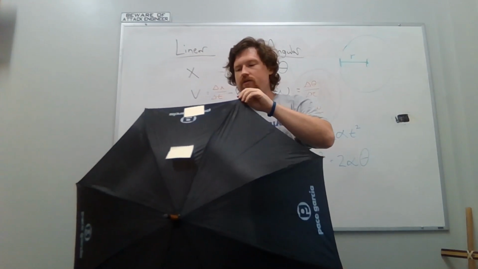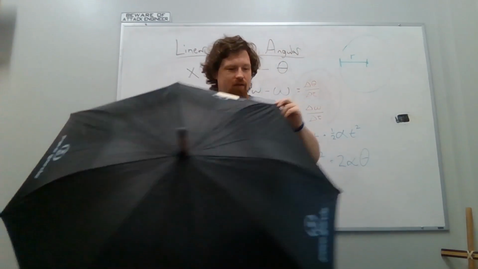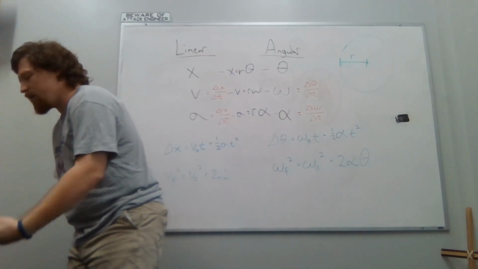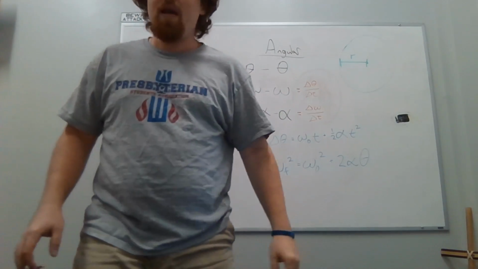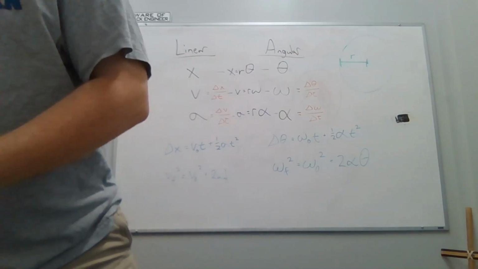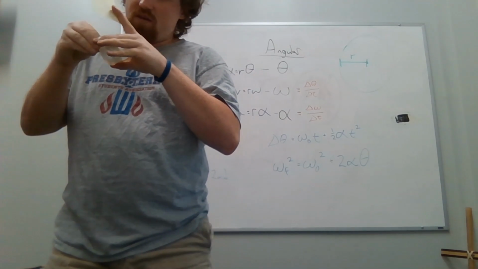So, as I rotate this umbrella with the... Are you kidding me? I should know better than to try to put sticky notes on a curved umbrella made of a material designed to resist things sticking to it. It is the point of an umbrella, to keep water off of it.